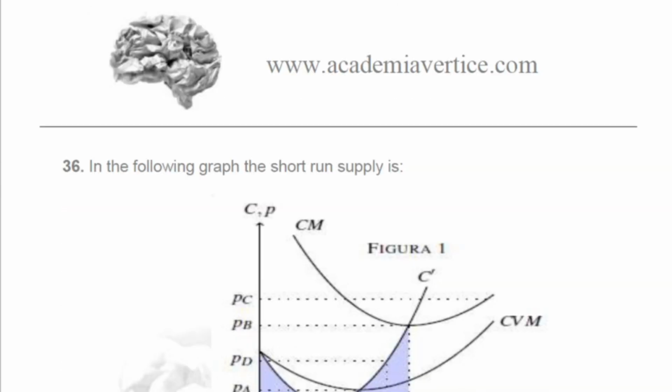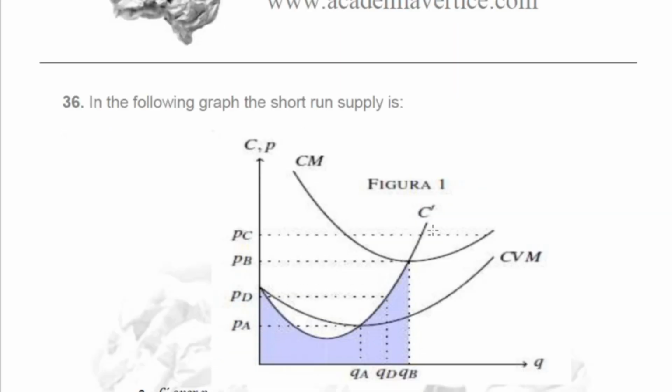Again, in the following graph, the short-run supply is price equal to marginal cost, but from this level. Okay, as we know, because from this point to the down part we shouldn't produce.